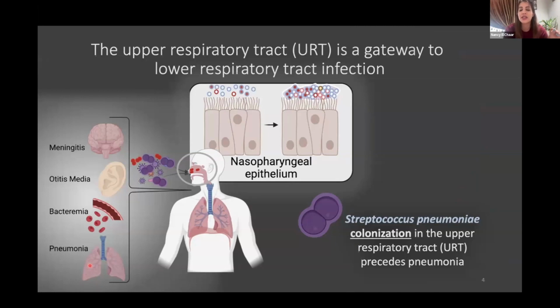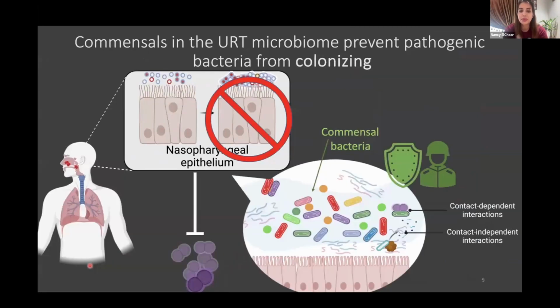By inhibiting the colonization of Streptococcus pneumoniae initially, we can prevent a variety of these diseases before they reach the point of infection. If we look at who else is present in the upper respiratory tract, we find resident or commensal bacteria, which are the bacteria that cohabit within the host. These commensals act as guards or a first line of defense that inhibit pathogenic bacteria from colonizing.